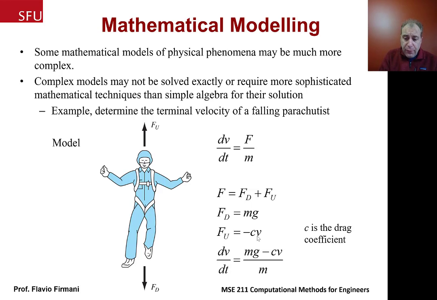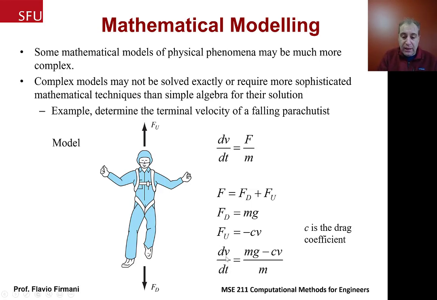So if we combine these two forces and substitute them into Newton's second law, you can see that is m times a equals f. We just sent m to the other side and represented the acceleration as the time derivative of the velocity.